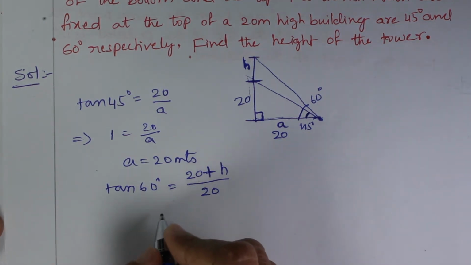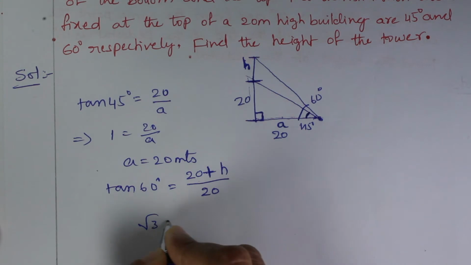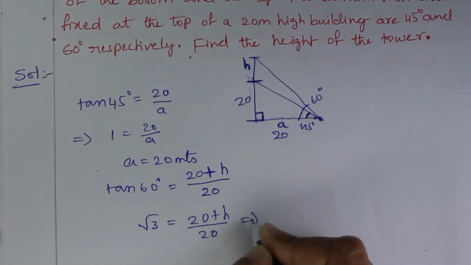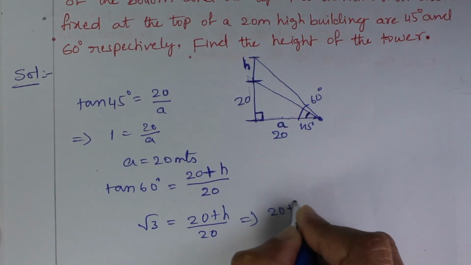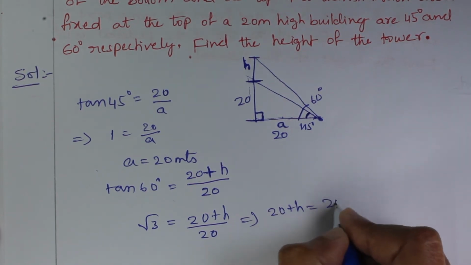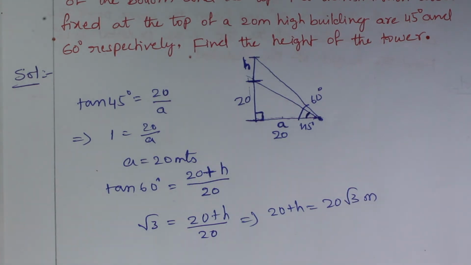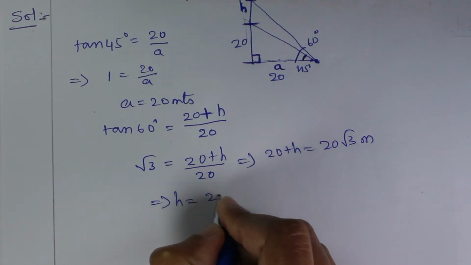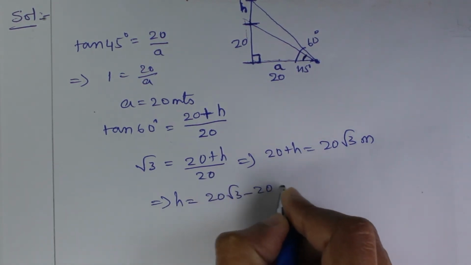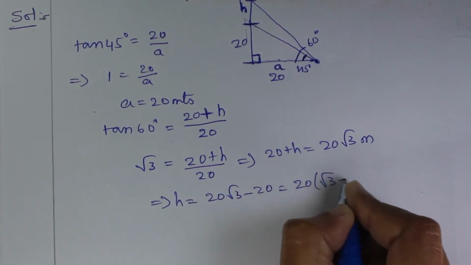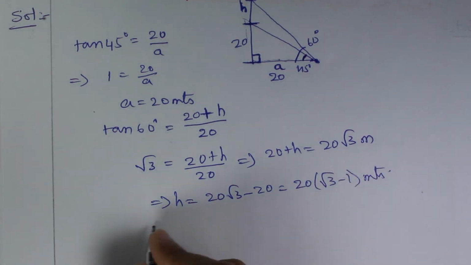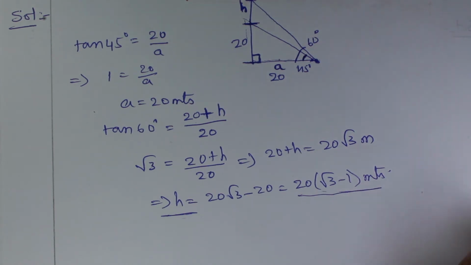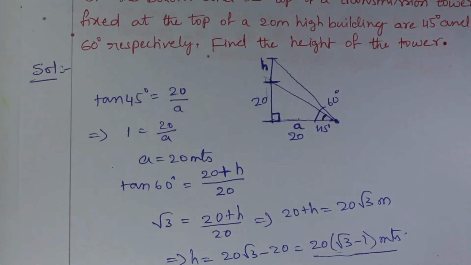Tan 60 is root 3. Root 3 is equal to 20 plus h by 20. That implies 20 plus h is equal to 20 root 3 meters. That implies h is equal to 20 root 3 minus 20. That is equal to 20 into root 3 minus 1 meters. So the height of the transmission tower is 20 into root 3 minus 1 meters. Hope this is clear for you. All you have to do is understand this picture.